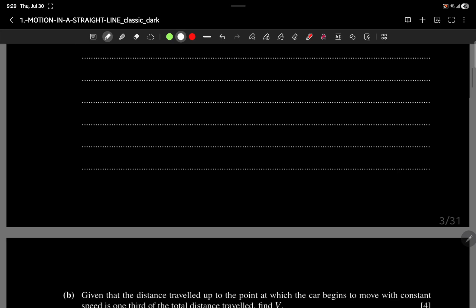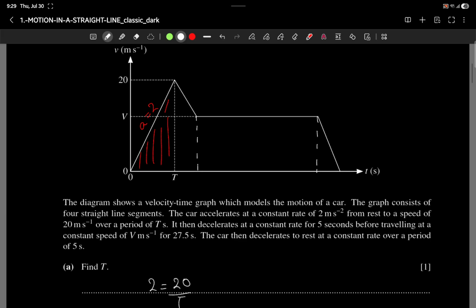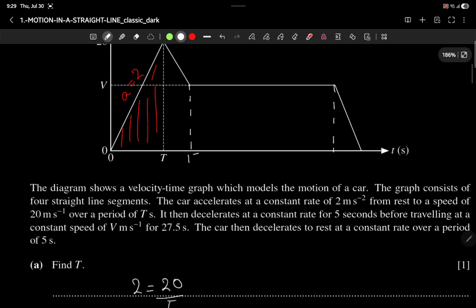Okay, so what about this trapezium? It says that it then decelerates at a constant rate for 5 seconds. So this is 10, this part's 15, and it decelerates at a constant rate for 5 seconds before traveling at a constant speed for 27.5 seconds.